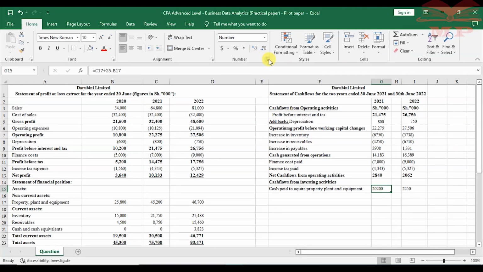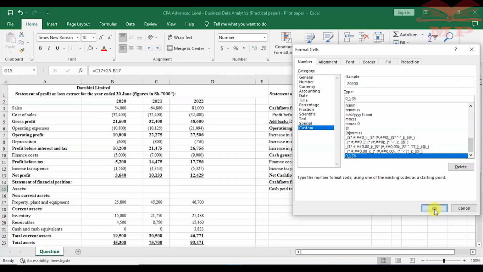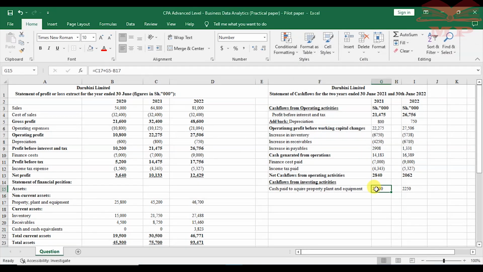Let's see. If we go to custom, click on OK, it's still not working, so we will find a way of having that. The answer was, let me move back. You can see the answer is 2,200 and 2,250. So this is 2,250 because it's an outflow.